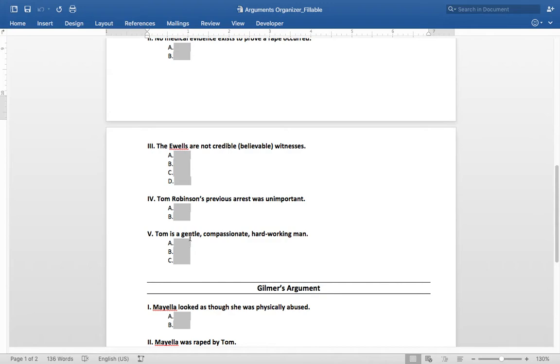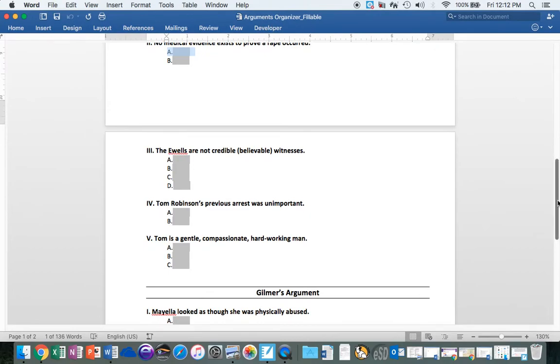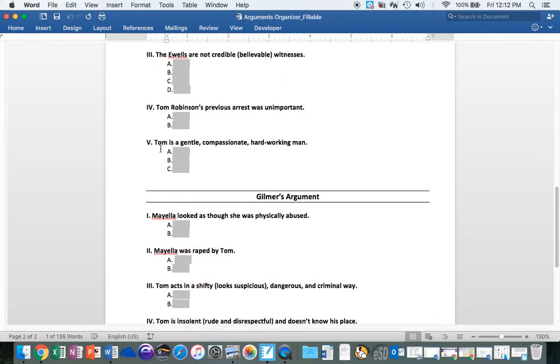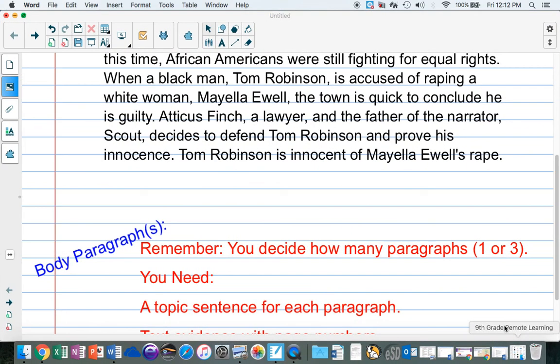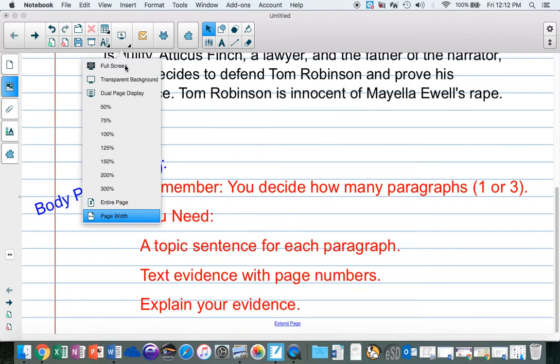So let's, for the sake of our example, and let me see if I can actually bring this into 2 screens for us. Let's see if I can do that. Okay, sorry. So again, if I'm using this, Tom is a gentle, compassionate, hardworking man as one of the pieces of evidence. And again, I'm bringing us back to this page here.